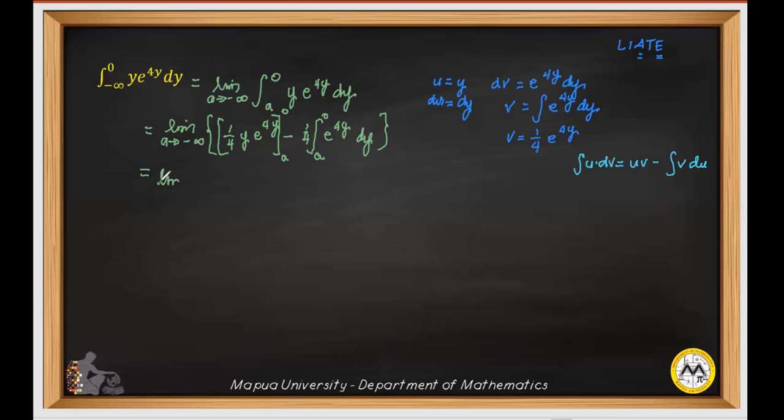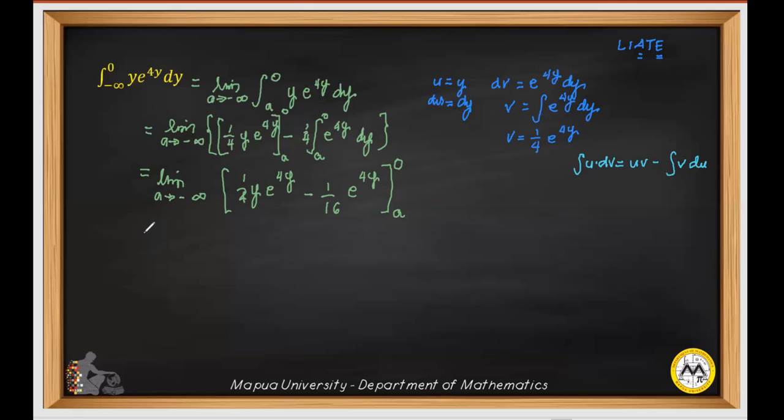So this will give us the limit as a decreases without bound of 1 over 4y e raised to 4y, minus, with the correction factor 1 over 4, 1 over 4 times 1 over 4 is 1 over 16, and the integral is e raised to 4y, and this must be evaluated from the lower limit a to the upper limit 0.